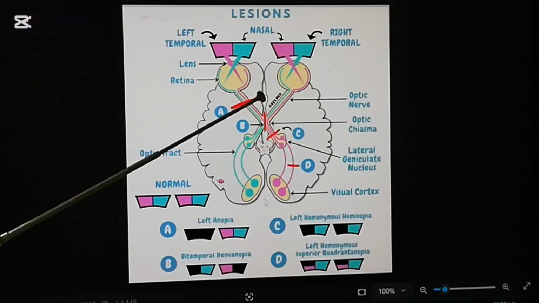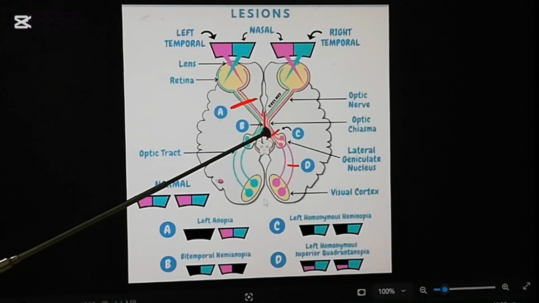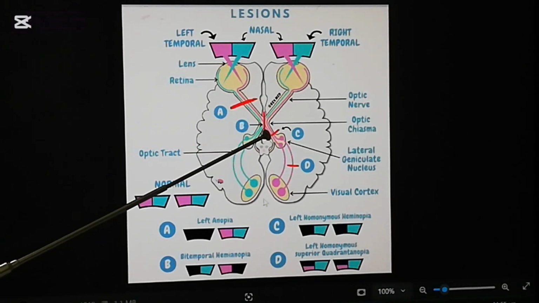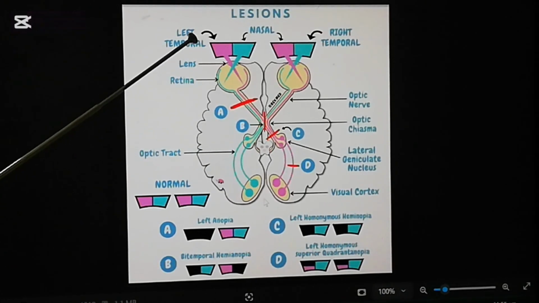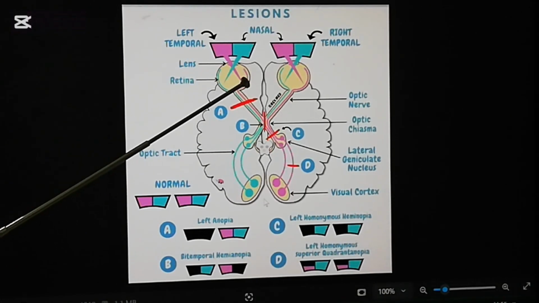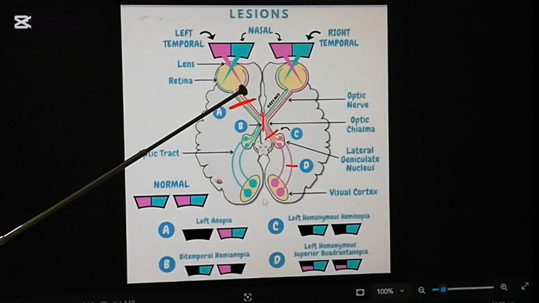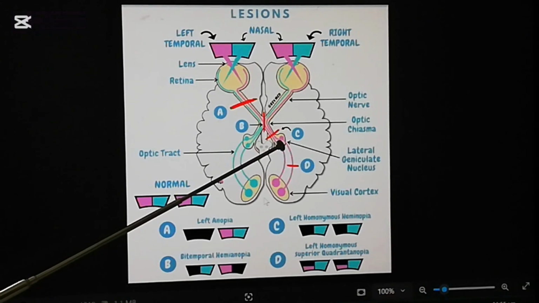Now see, if there is a cut in the middle of the optic chiasm in the longitudinal way, what have we cut here? We have cut the left temporal field image which has to pass through the nasal fibers of the retina. They are crossing towards the right side.